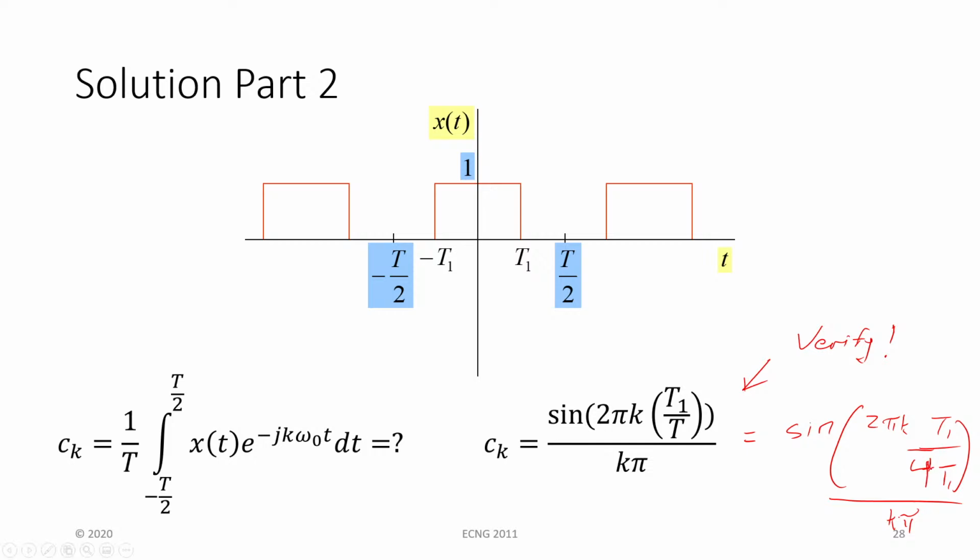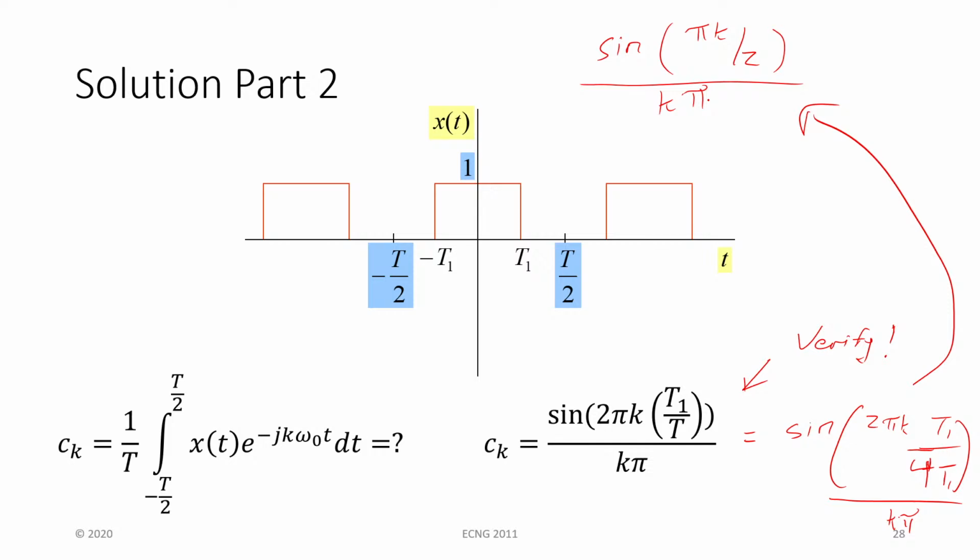And then this will end up being sine, and we work out all the cancellations in the brackets. We're going to get a half, the T1s will cancel, so sine of pi k on 2, divided by k pi.